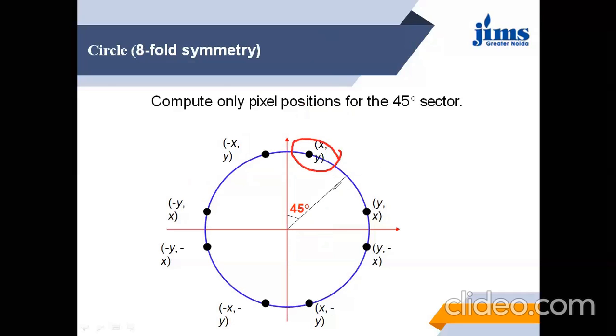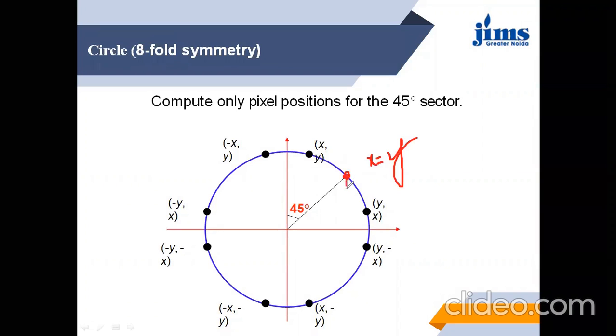So we will find the values, and we have to find them till x is equal to y. Till x is equal to y, because at the center, when this is at 45 degrees, both values will be equal.